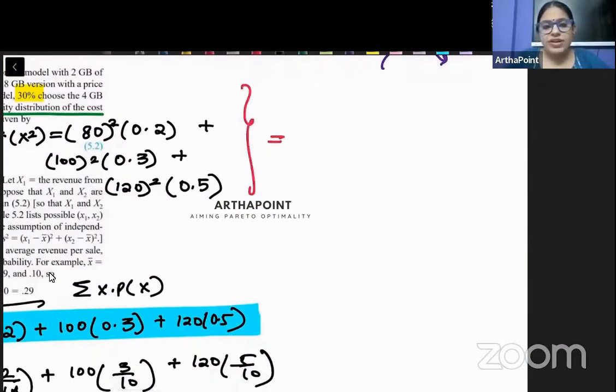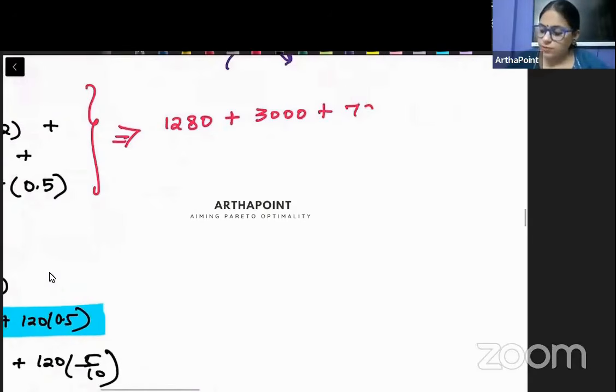So if I just go ahead and I find out E of x square, what will I get? So beta, 80 into 80 into 0.2, this gives me 1280, plus 100 into 100, that is into 0.3, this gives me 3000, plus 120 into 120, that means 14400 into 0.5, it gives me 7200.